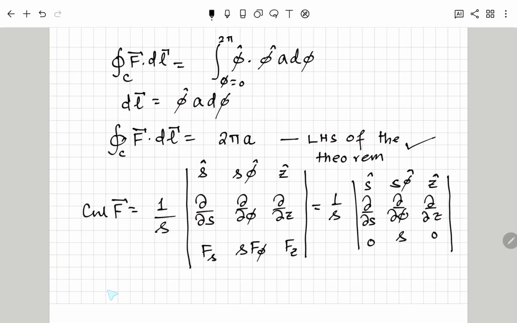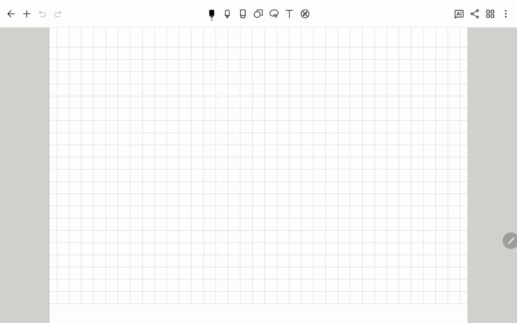So the curl of our phi cap vector is simply z cap by s. A very interesting result, which we will note. The curl of F one should not underestimate at s equal to 0. This has a lot of issues that we can discuss on some other occasion.